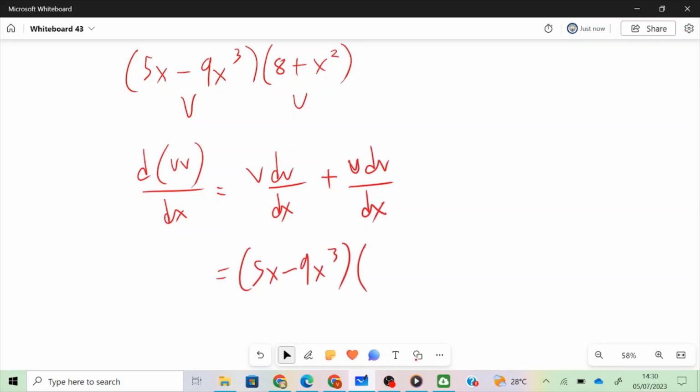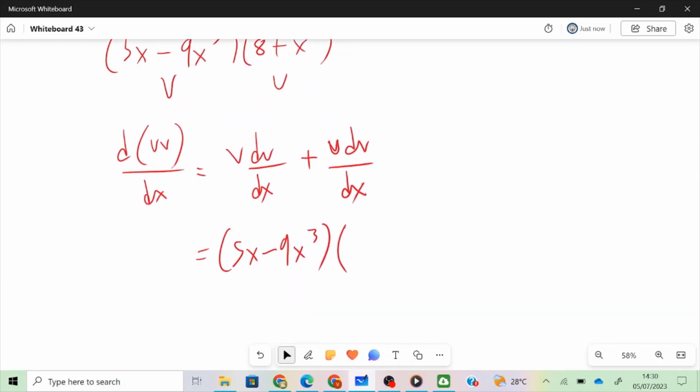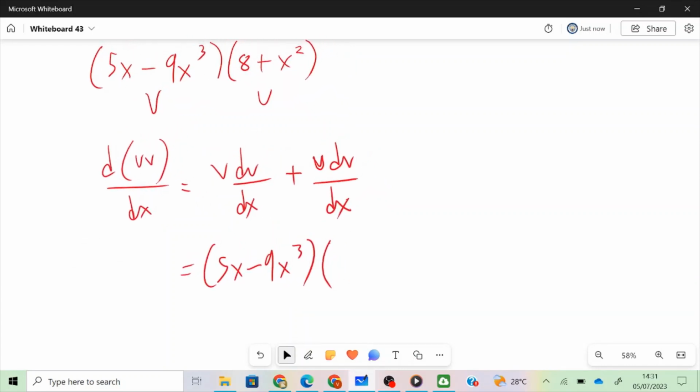into our du/dx, which in this case is 2x, because if you differentiate 8 you get 0, you differentiate x squared you get 2x, plus our u dv/dx.